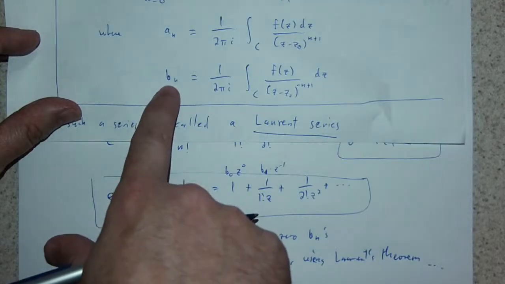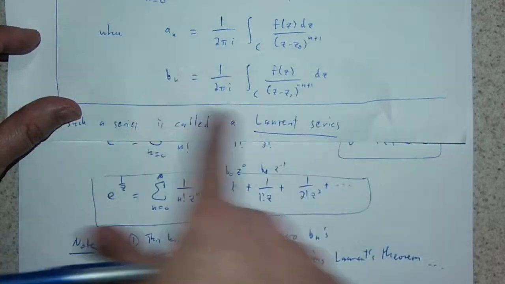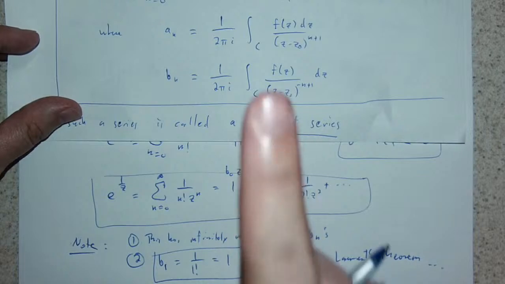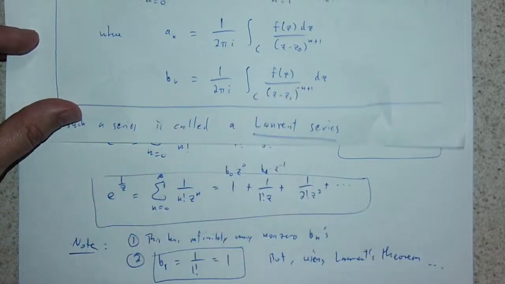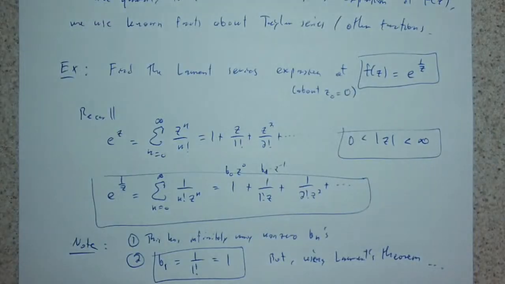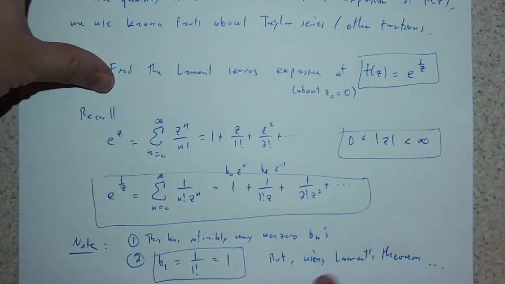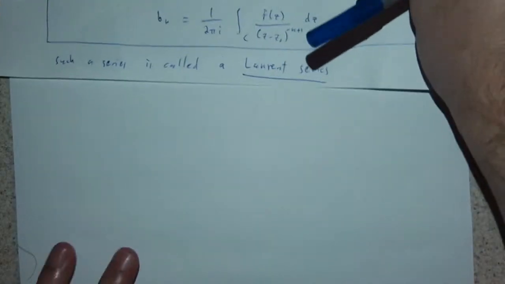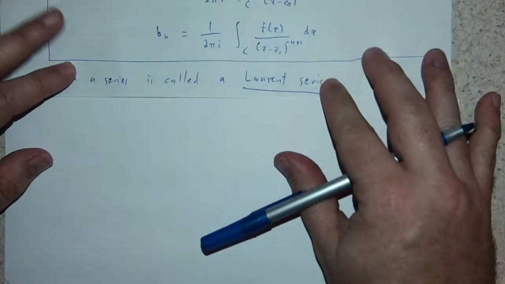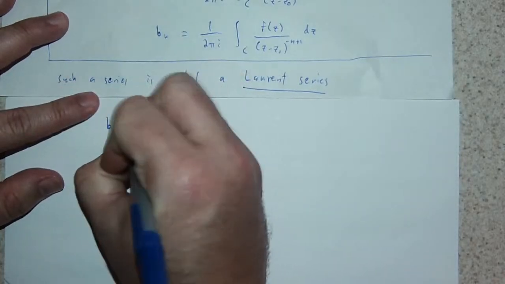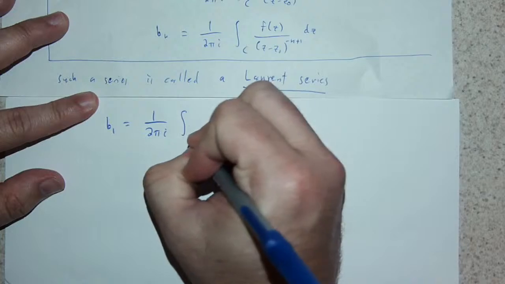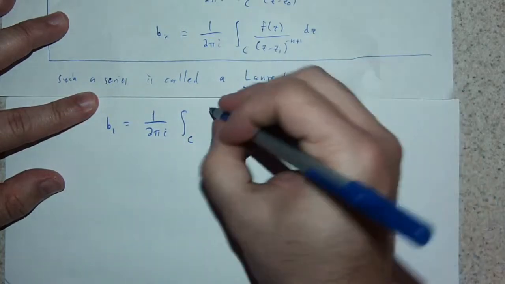But I know that these b sub n's can be computed by this contour integral. So b sub 1 can be computed by this contour integral. What does that mean? That means by Laurent's theorem, let me bring back that sheet real quick. By Laurent's theorem, I know that another way of writing b sub 1 is as 1 over 2 pi i of the contour integral of f of z.